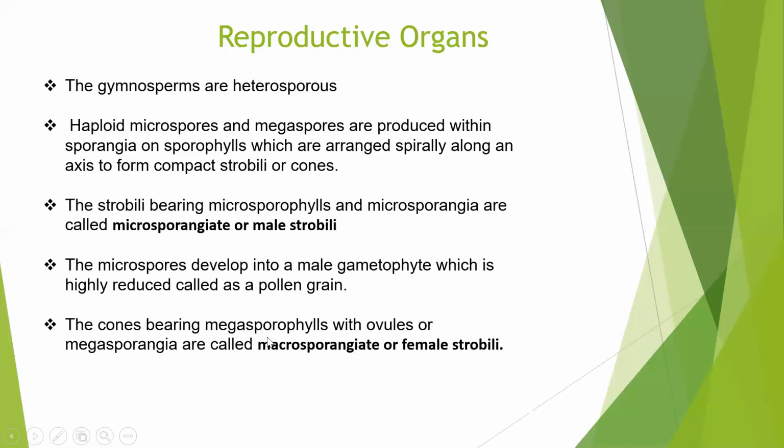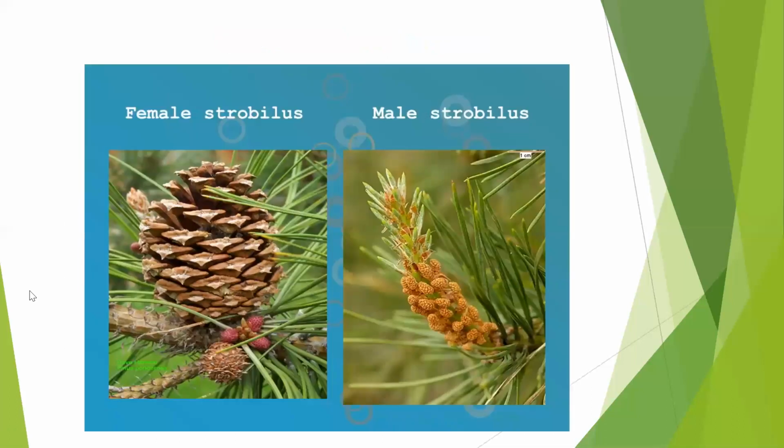The cones bearing megasporophyll with ovules or megasporangium are called megasporangiate or female strobili. You can see the female strobili, and this is the male strobili.